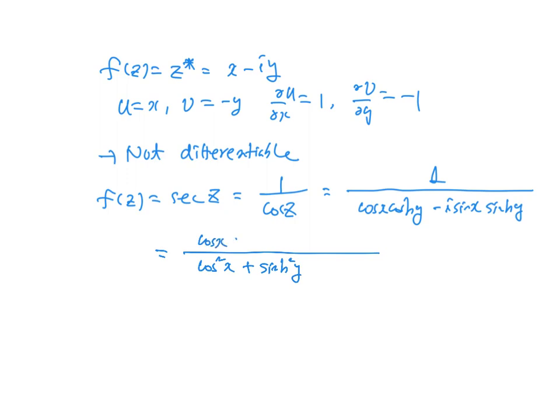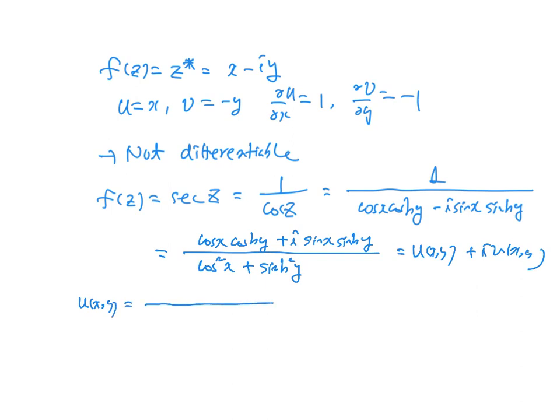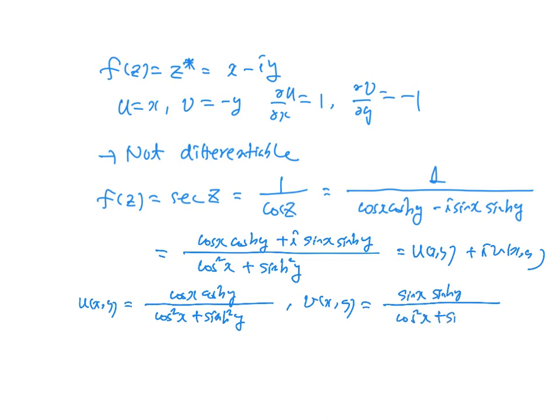So this is u(x,y) plus i v(x,y). So u(x,y) is cosine x cosine hyperbolic y over the denominator, v(x,y) is sine x sine hyperbolic y over cosine square x plus sinh square y.